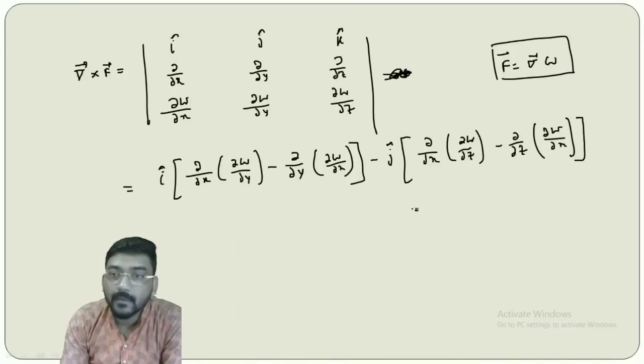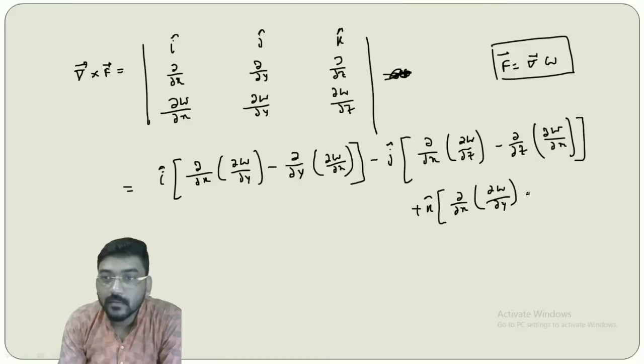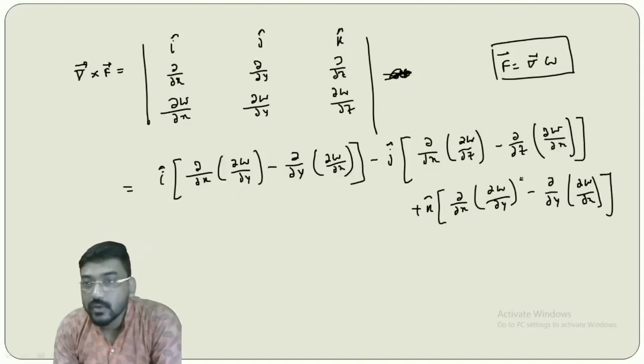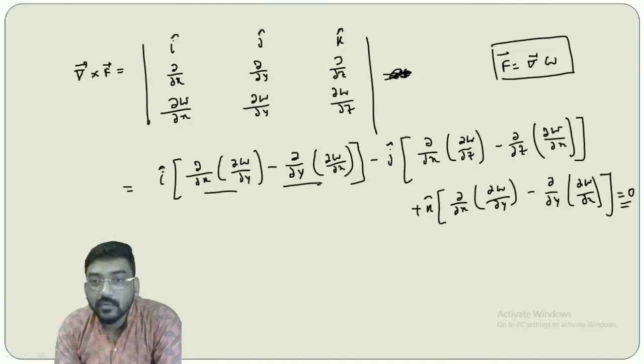Similarly, the k component is del del x of del W del y minus del del y of del W del x, and this will be 0 only if these terms are equal, this and this, and this and this. This means the differentiation of this function with respect to x is the same as the differentiation of this function with respect to y.